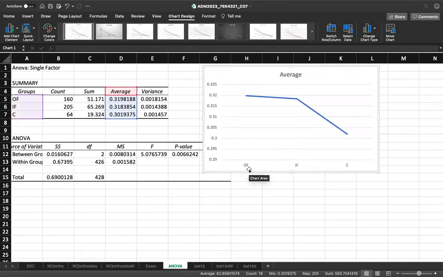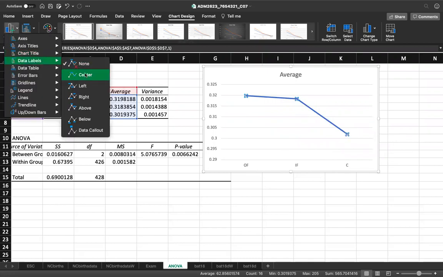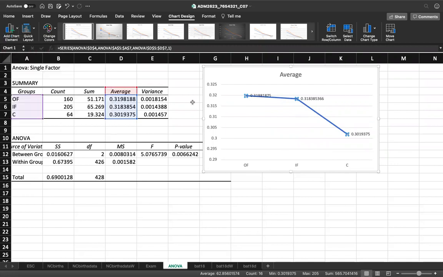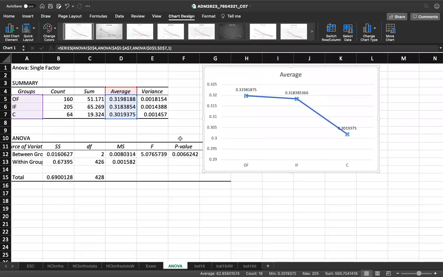And we see that OF and IF are sufficiently nearby. C is the one which is significantly away from OF and IF. Let's change the position above. Yep. So this is what we observe.